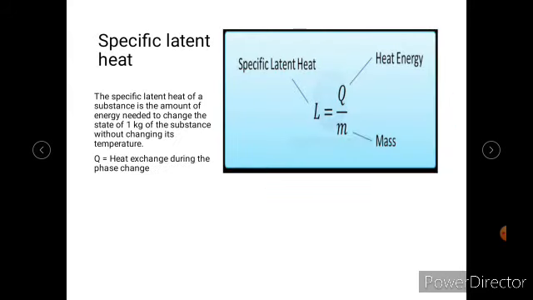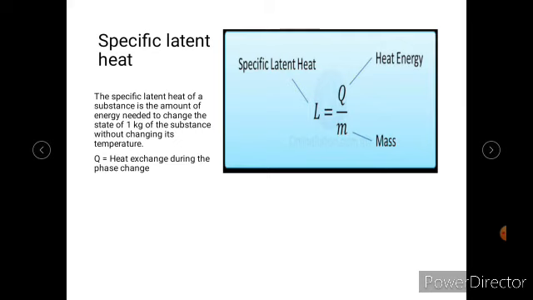Now let's look at the specific latent heat. Suppose we have a specific mass, for example 1 kg. The heat energy required to change from one state to another state without any change in temperature, for this mass of the substance, is known as the specific latent heat.